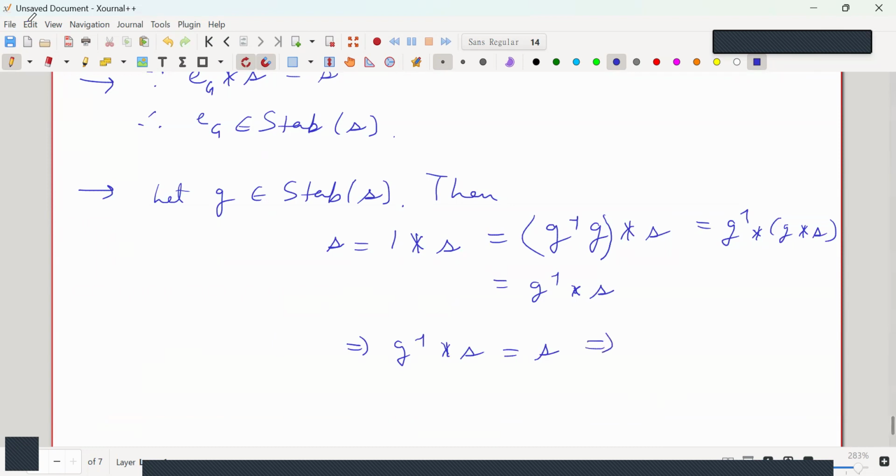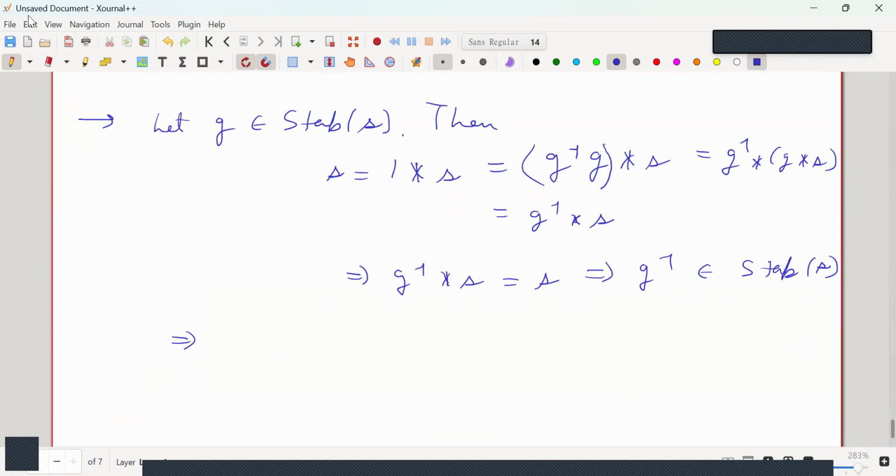And that implies g inverse belongs to the stabilizer of s, and thus the stabilizer of s forms a subgroup of G, right?